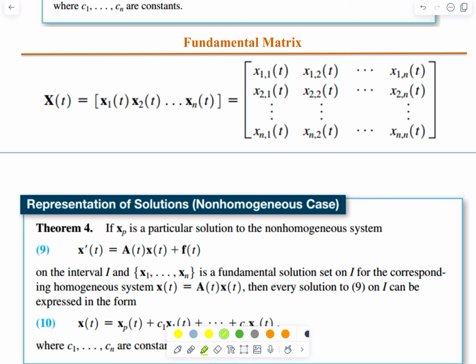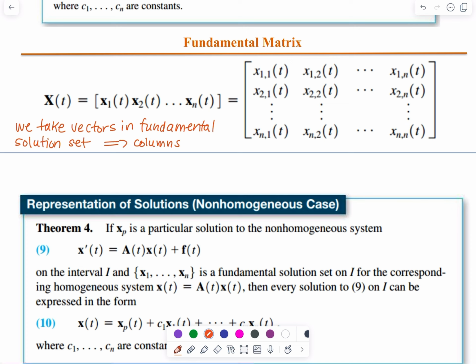So this fundamental matrix is where we have taken the vectors in our fundamental solution set, and these are the columns of this matrix.